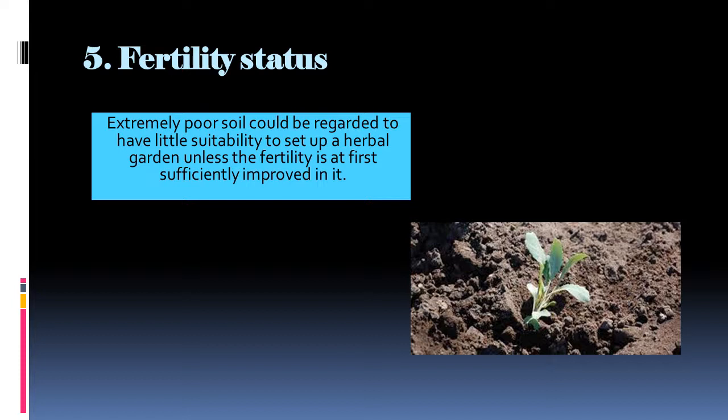Nevertheless, extremely poor soil could be regarded to have little suitability to set up a herbal garden or a good ornamental garden unless the fertility is at first sufficiently improved.